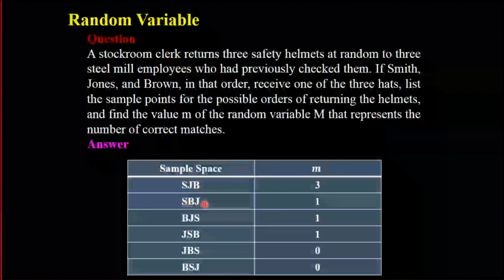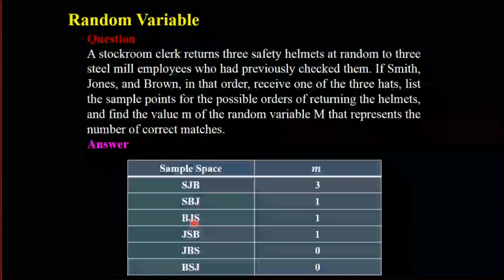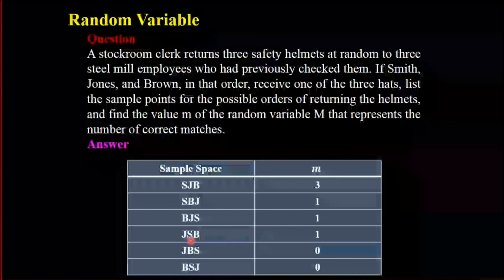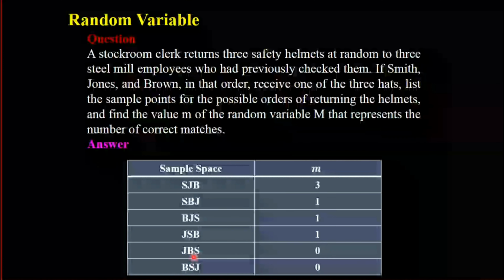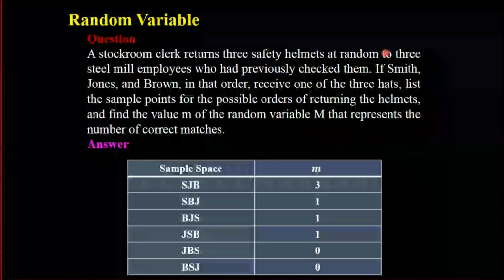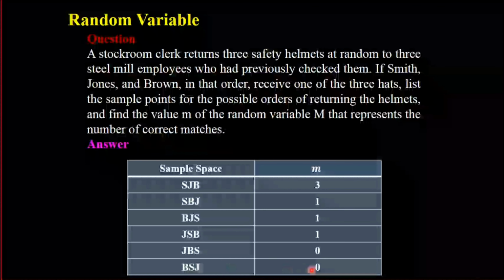So one match is there, that's why we are assigning one. Similarly, if Brown, Jones, Smith, then one match. Jones, Smith, Brown, one match. But if Jones, Brown, Smith, in this order they are returning, there will be no match we are finding. That's why we are writing 0, the real number. So Brown, Smith, Jones, it will be 0.